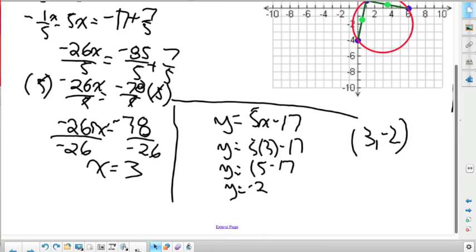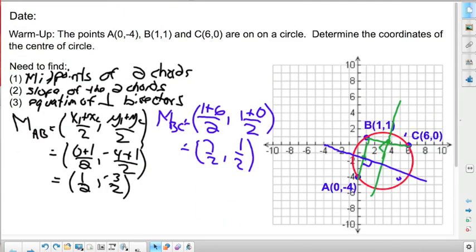So a concluding question could have been, or I could have started off saying, what is the length of the radius of this circle? I could have gone back to this question and said, instead of finding the center, what is the length of the radius of a circle that goes around these points?